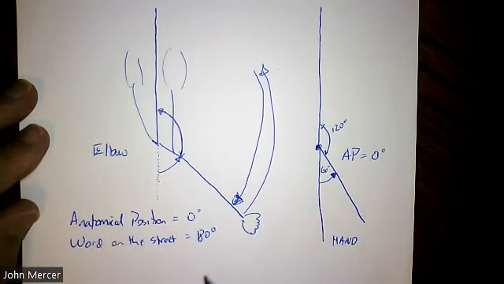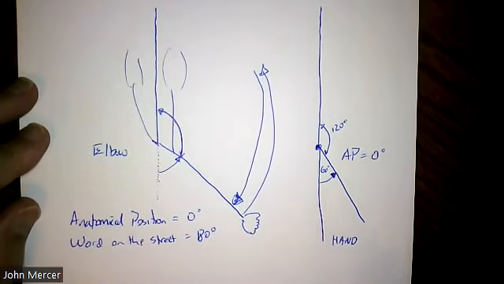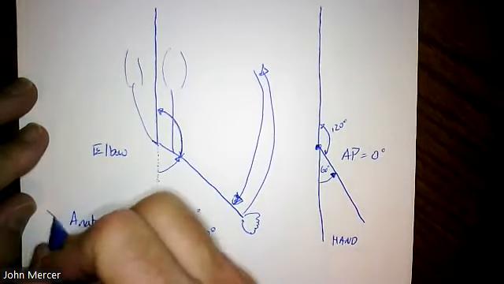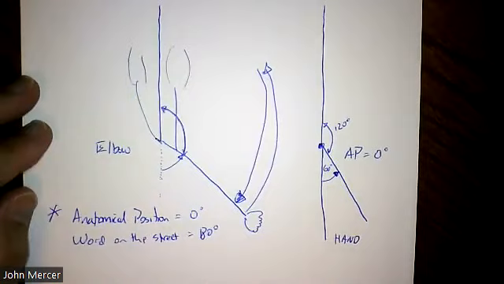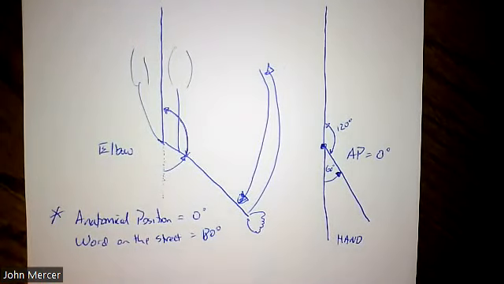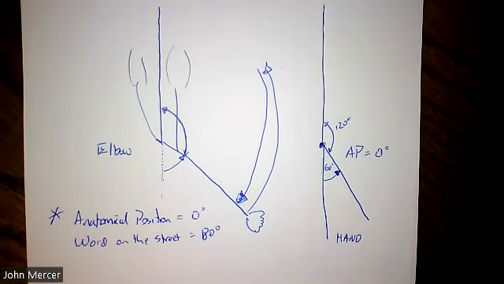So for our purposes of this presentation, I'm going to select anatomical position as 0 degrees. You'll see that will make more sense as we go through different angular parameters and as we start moving into angular kinetics. All right, so let's go ahead and use that reference frame.